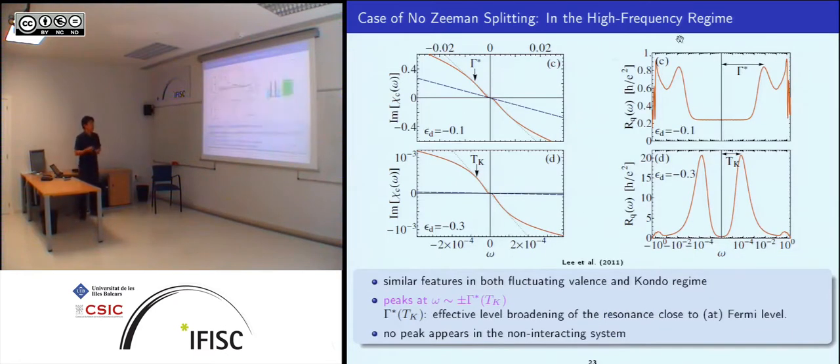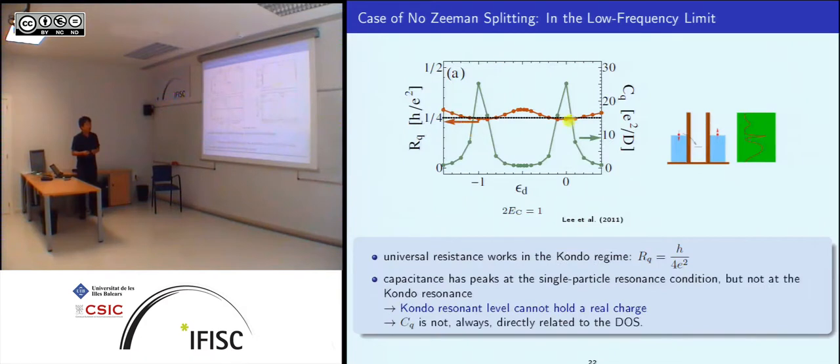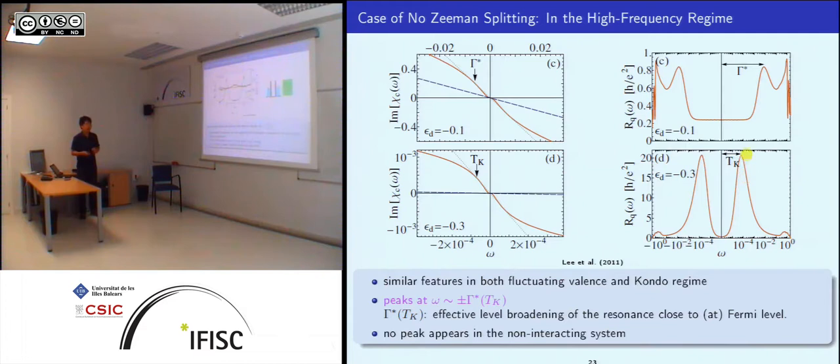Now look at the resistance in the high frequency region. This graph shows resistance as a function of frequency on a logarithmic scale. At low frequency we have this universal value, so nothing interesting. But at high frequency, we have a peak. We have two side peaks, here and here. This one is for the Kondo regime, and this one for the single particle resonance regime. But anyway, we have a similar structure, two side peaks.